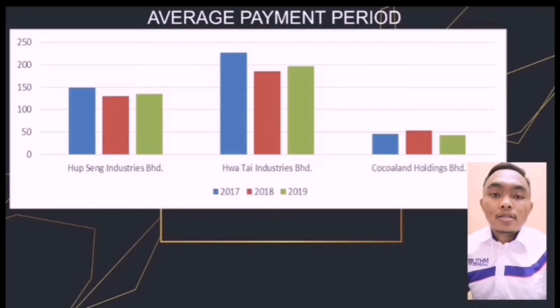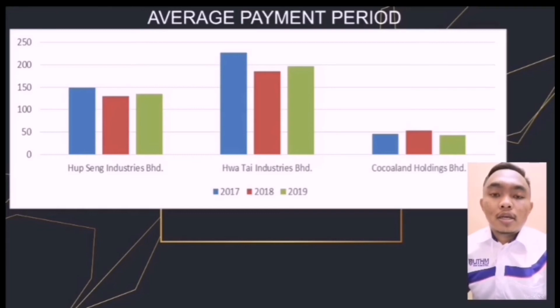From the graph, it shows that the average payment period for Hap Seng Industries Berhad is unstable because the graph fluctuates from 2017 until 2019. The graph in 2017 is 148.48 days, 2018 is 130.14 days, and 2019 is 135.47 days. Meanwhile, Watai Industries Berhad and Cocoland Holding Berhad show that the average payment period also fluctuates year by year.